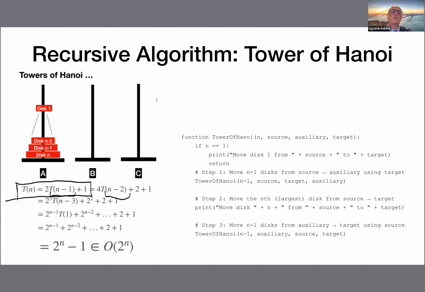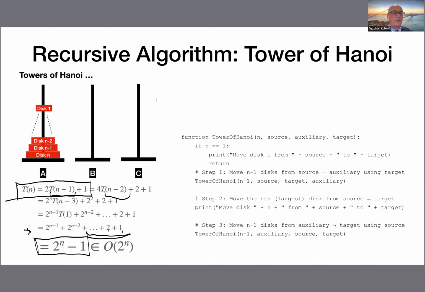Once you do these substitutions, you will come up with this closed formula, 1 plus 2 plus 4 plus up until 2 to the n minus 1, and that becomes 2 to the n minus 1. Then moving n disks from A to C will take 2 to the n minus 1 steps.